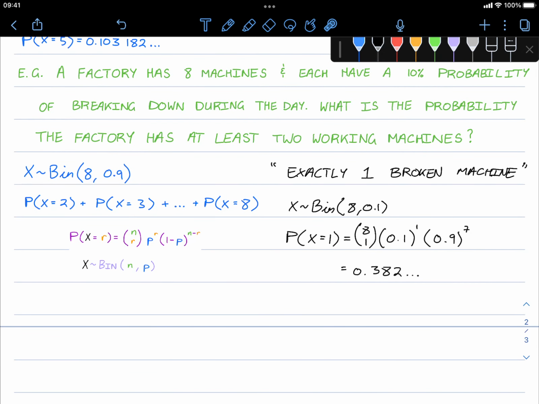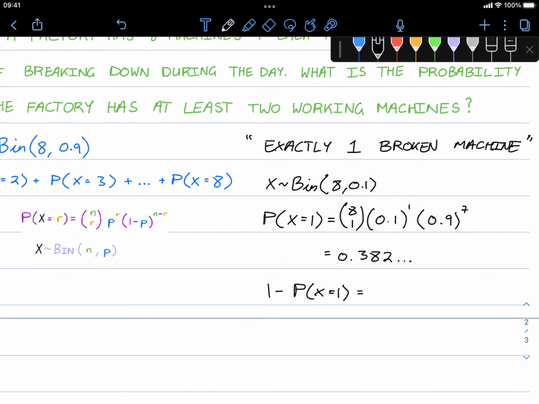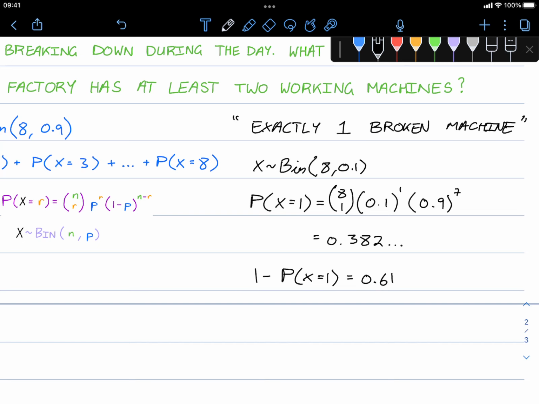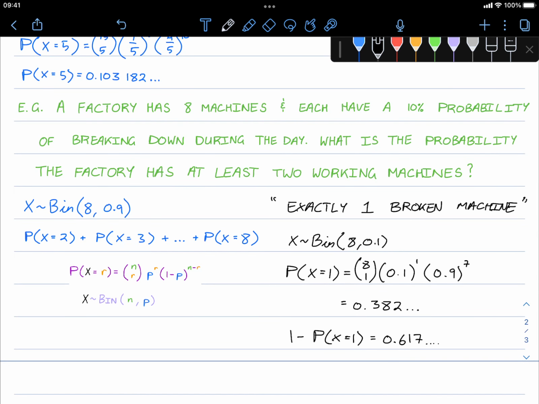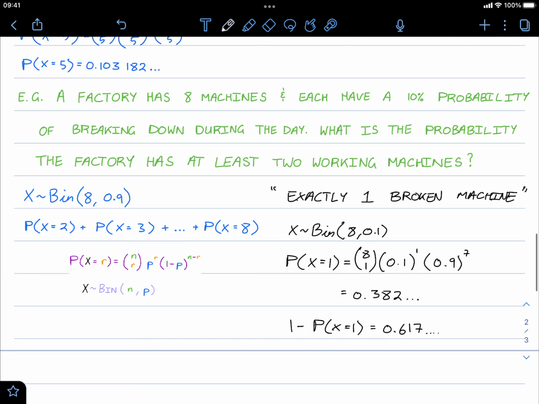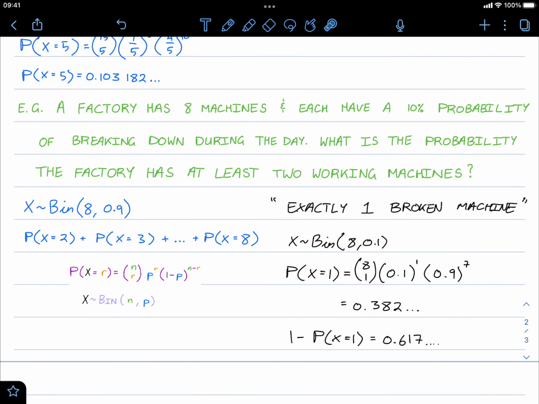If this is the probability of exactly 1 broken machine, then we do 1 minus the probability of exactly 1 broken machine, so 1 minus this, and there's actually a 0.617 probability that there are at least 2 working machines, because it could be 2, 3, 4, 5, or 6, and so on. So for binomial probabilities, rather than working with what we're looking for directly, we can instead work with the complement of the problem.